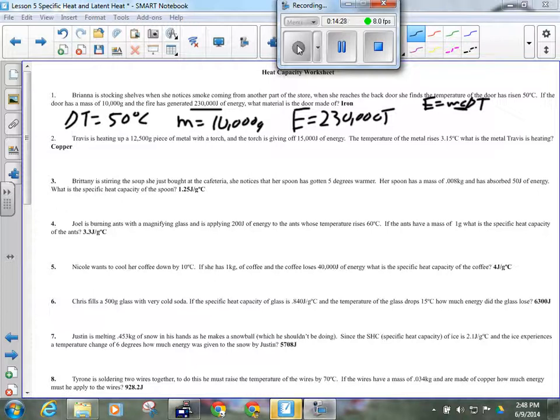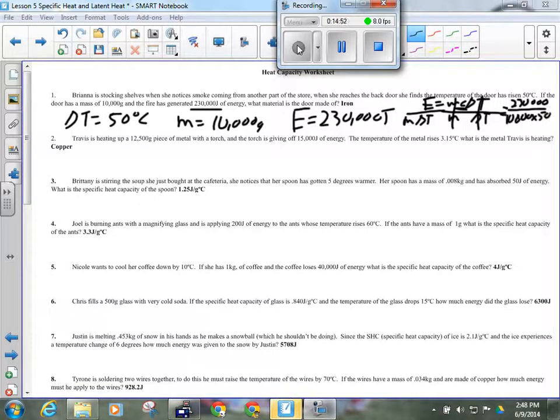So if I want to find C, I move everything else, M and delta T. So E over M times delta T will give me C. All I have to do is go 230,000 joules over 10,000 times 50 degrees.